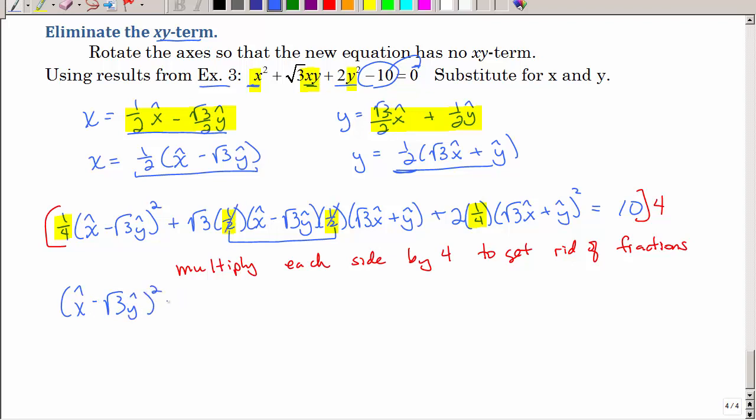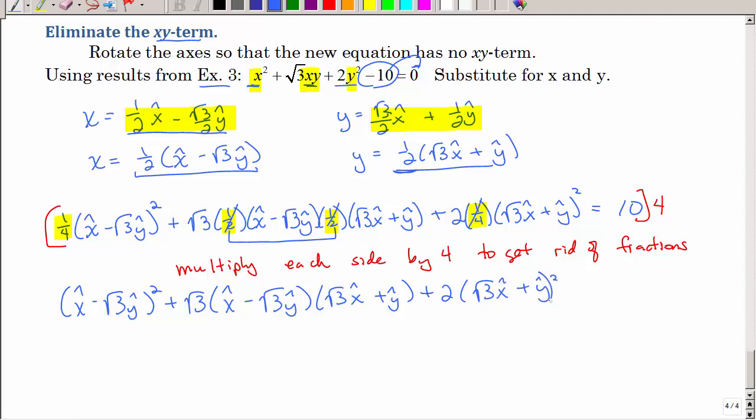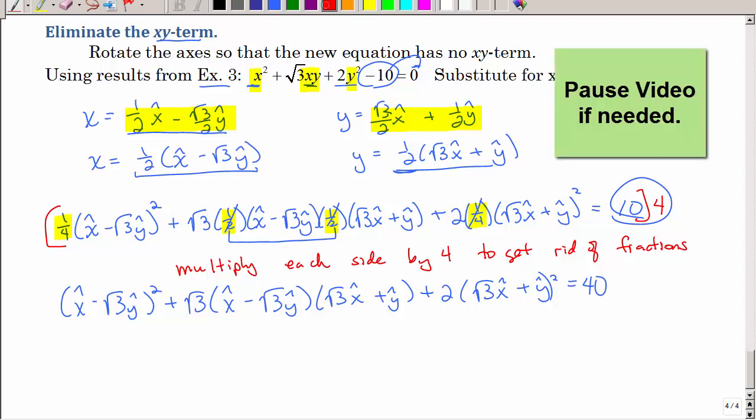So those go away, so I still have that square root of 3 out in front. That went away, so I still have the 2. And then I need to multiply the 10 times the 4, so I get 40. So at least now I don't have fractions. It's looking a little better.